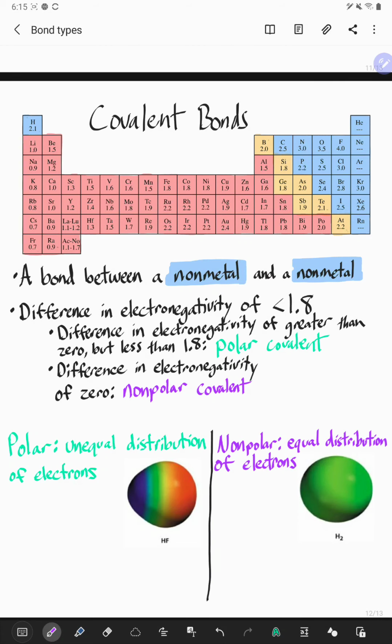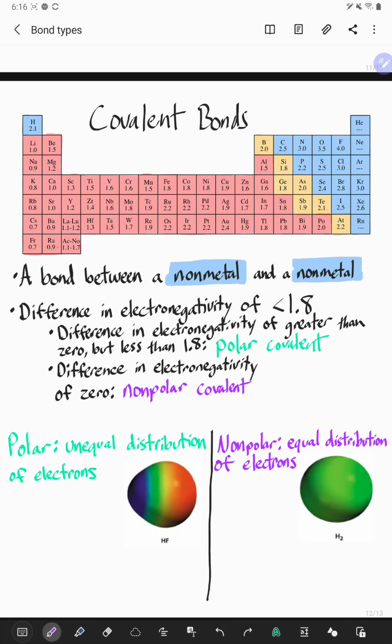So, nonpolar covalent. And you might ask, what does polar mean? We have the terms polar and nonpolar, so obviously it means something. Polar is just whether there's an even distribution of things. If something is polar, that means there's an unequal distribution of things, and it can be anything. In this context, we're talking about electrons. In other sciences, it might be magnetic field.